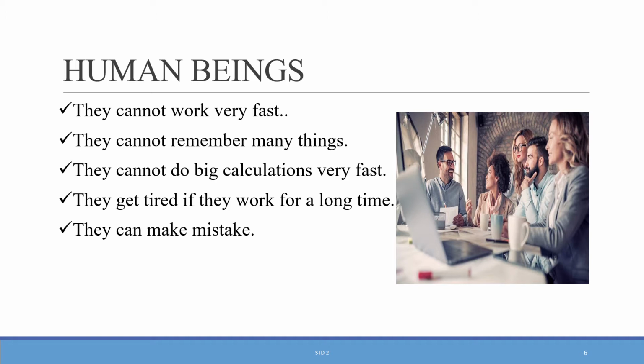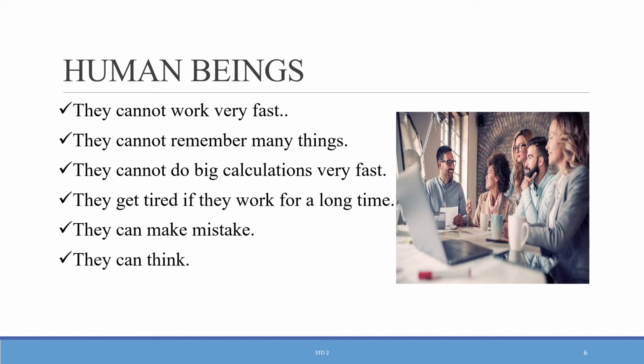The computer works very fast but humans cannot. A computer remembers many things but humans cannot. A computer does big calculations very fast but humans cannot. A computer does not get tired if it works for a long time, but humans get tired. A computer does not make mistakes, while human beings make mistakes.